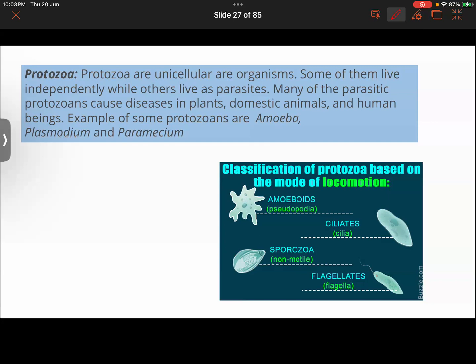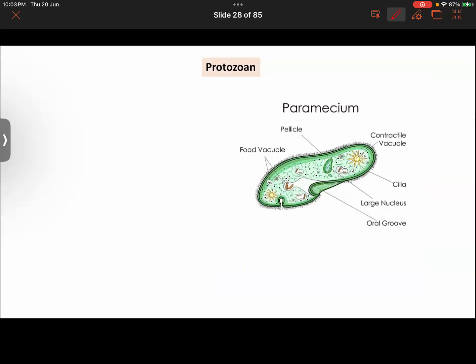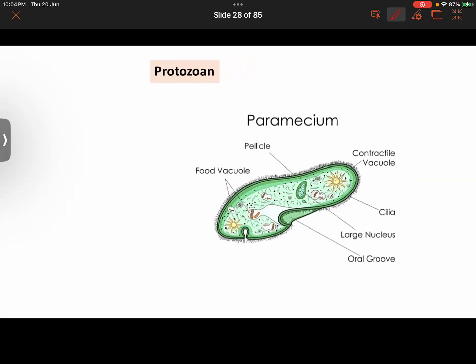Now, if you look at their structure, they exhibit features like those of an animal. If you look at their body, there are some hair-like structures surrounding it. Look at this protozoa whose name is paramecium.